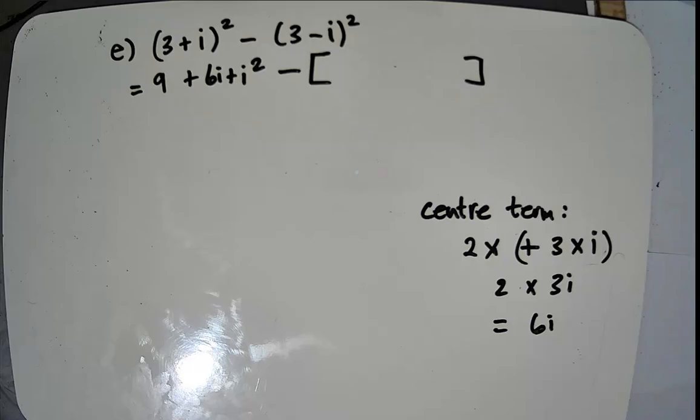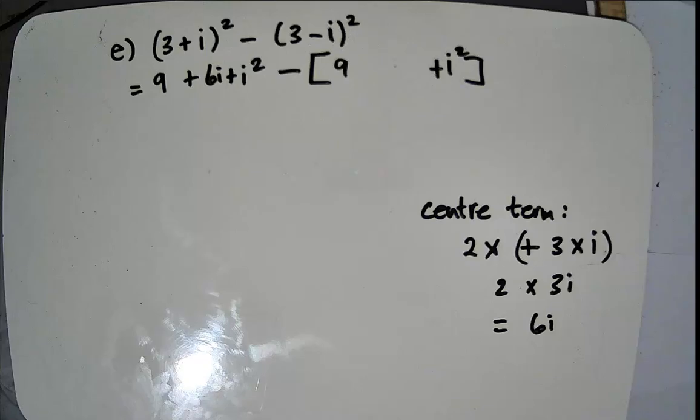So there's our negative sign, and now we will have to square everything in the bracket and place it within the square bracket. So square the first term, we'll get 9. Square the last term, we'll get positive i squared. Do notice that minus i times minus i in the FOIL method will always result in a positive i squared.